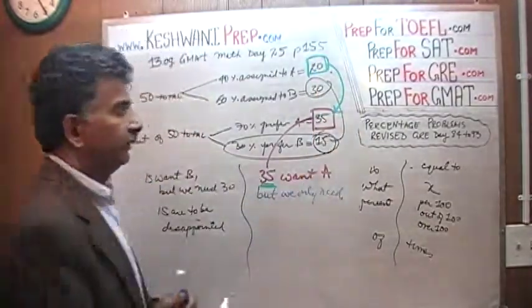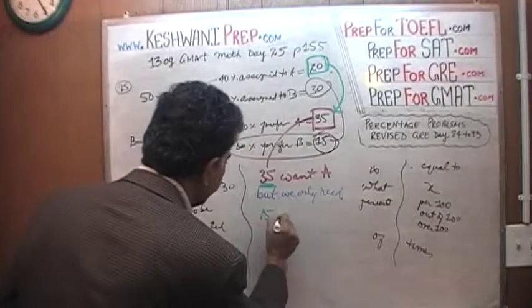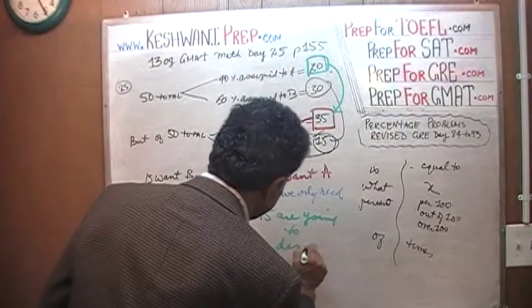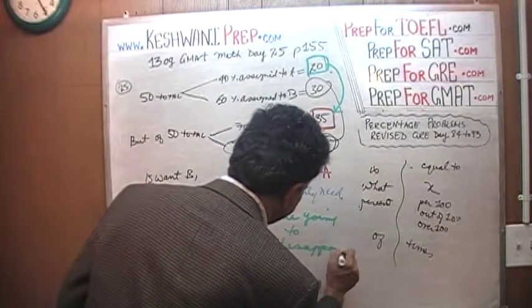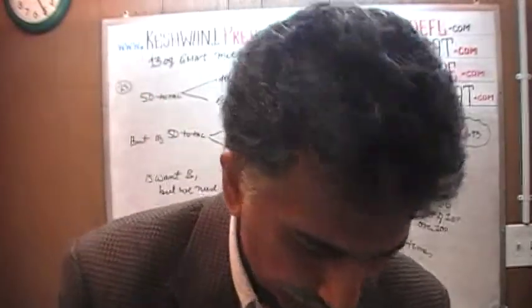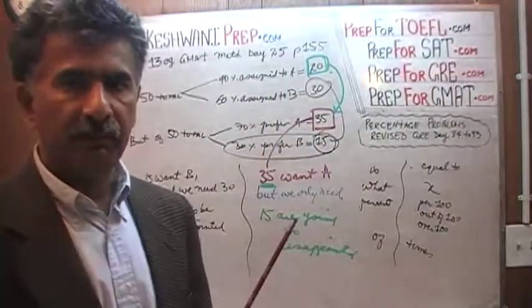So by definition, 15 are going to be disappointed. That's all. Either way you look at it, that's the minimum number, of course. The question here is we want to minimize the level of dissatisfaction.